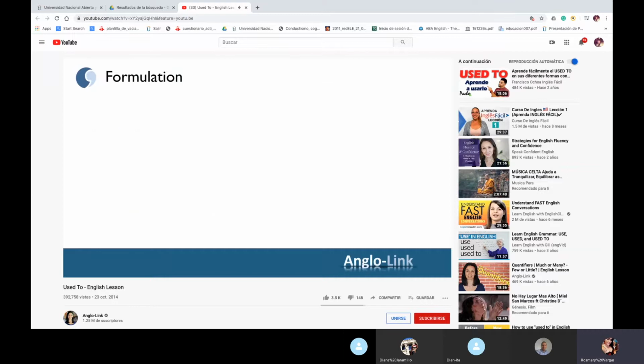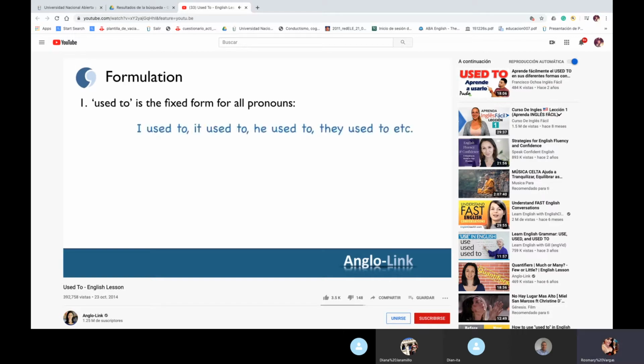Let's look at the formulation. Used to is the fixed form for all pronouns. I used to, it used to, he used to, they used to, etc. You can also formulate questions and negative sentences with used to.